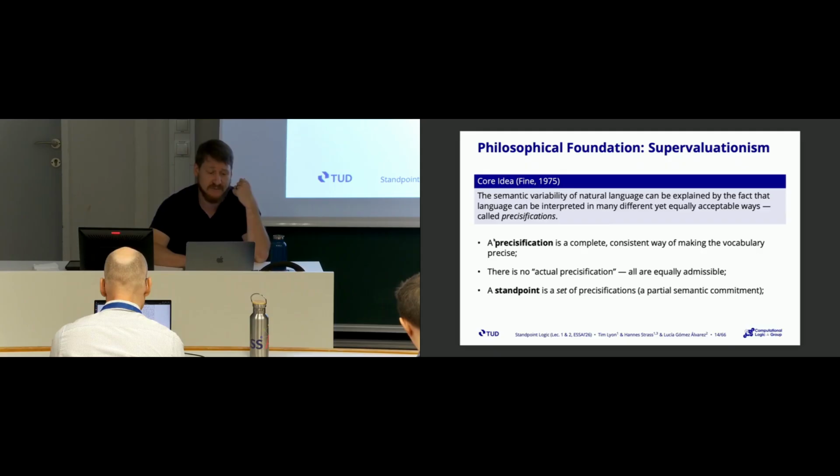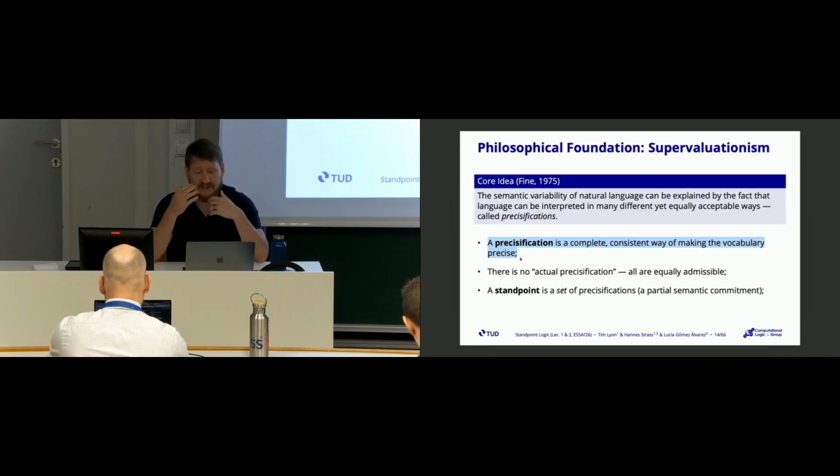And philosophically speaking, a precisification is taken to be a complete and consistent way of making a vocabulary precise. Again, this relates to what I said earlier, where when we design, for example, a knowledge base, we have to come up with certain criteria for how we apply terms or predicates. And a precisification is essentially thought of as a way of doing that in a complete and consistent manner.